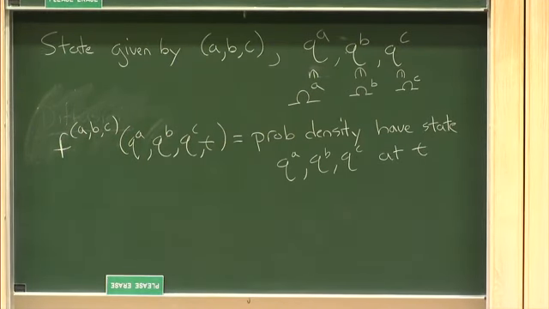Before I write the diffusion, the one thing we need to mention is how do we normalize this? My state variables are the numbers of each species and the positions of molecules. So I want to normalize by integrating over positions and summing over the number of molecules.